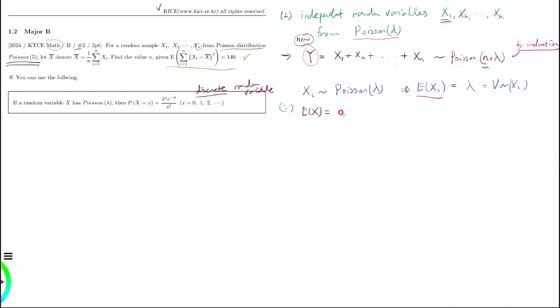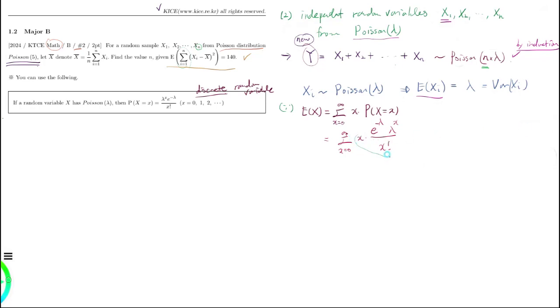So the mean of this random variable x is x times its probability when the random variable takes a value small x, and we add them up, x from 0 to infinity. And then by a simple calculation, you will have e to the minus lambda and lambda to the x power here from 0 to infinity.